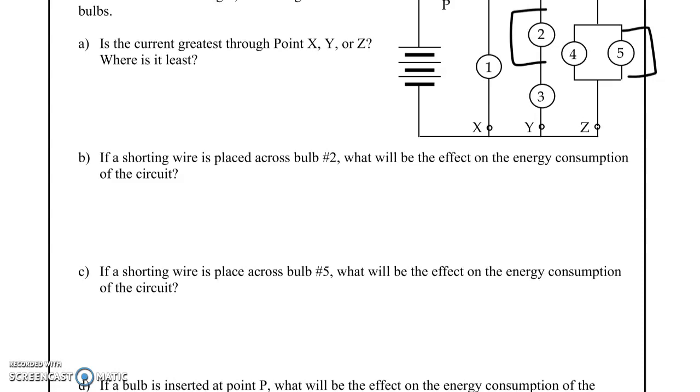This is kind of weird to talk about. In real life, the power would not be 0 because this wire here would get hot. In an ideal circuit where the resistance of the wire is 0, then it would be 0. Time's up. This would decrease.